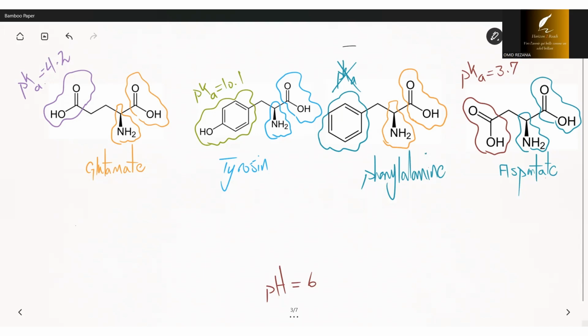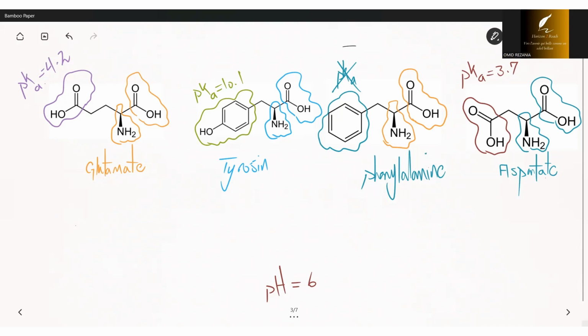The pH is 6. The carboxylic acid group pKa is how much? 6. Then I expect that nothing happens. There's going to be an equilibrium between them. For the amino terminal, the pKa value is how much? 12. This is 6, which means that the environment is more acidic.